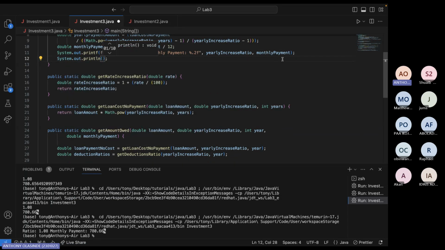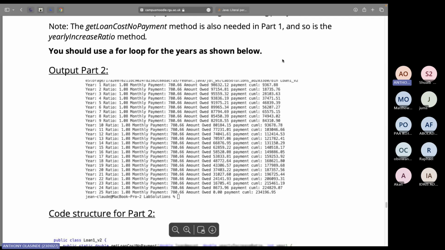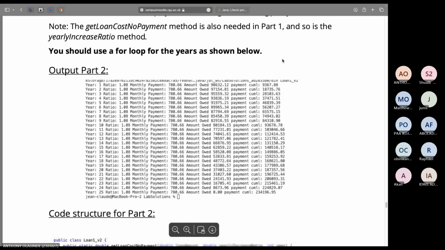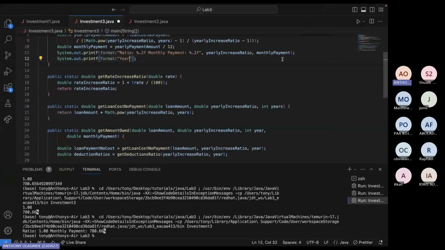System.out.printf. Then I need year. That will be okay because it's going to be a loop. I need a loop first.